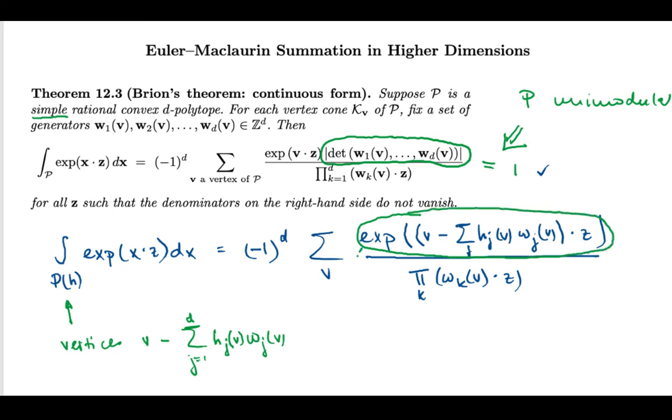So this exponential can be picked apart. We have the exponential function of v dot z, and then the exponential of a sum becomes a product of exponentials. So we have a product of the exponential function of negative h times the direction vector w dot z.